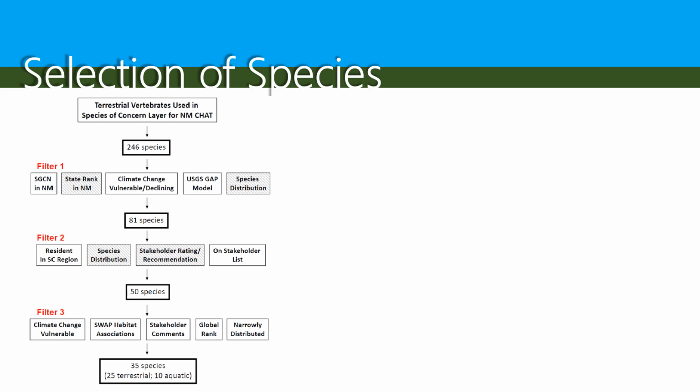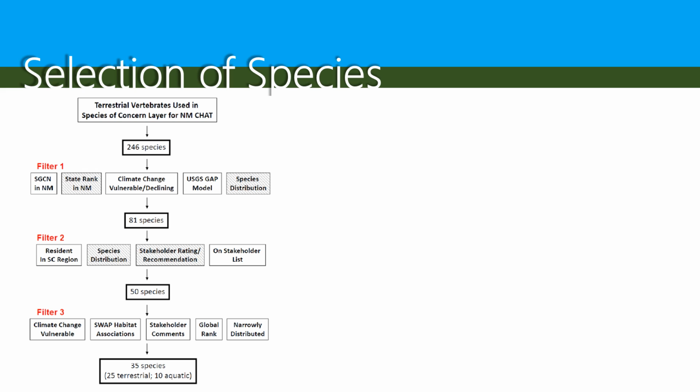And then we trimmed down the number of species from 246 to a much smaller number. In our filters, we asked if the species are of greatest conservation need in New Mexico or Oklahoma and Texas. Is there any evidence of the species' vulnerability to climate change? And most importantly, we asked for feedback from the stakeholders.